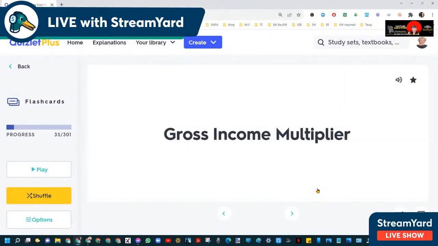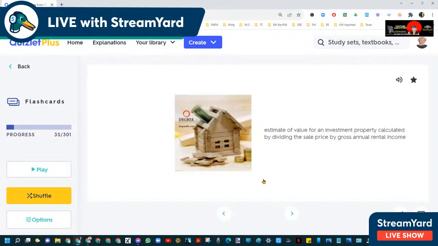The gross income multiplier. There's also the gross rent multiplier, but this is the gross income multiplier, because it says sales price divided by gross annual rental income.